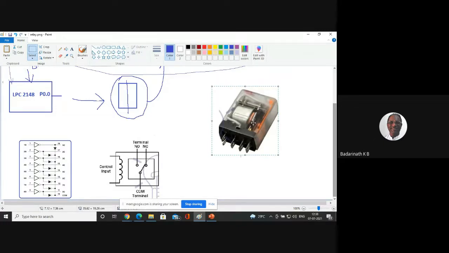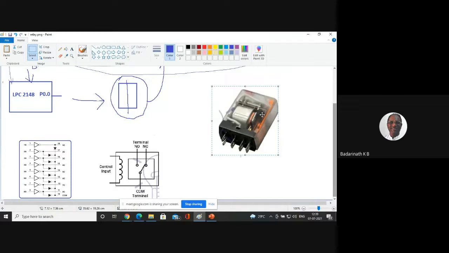In a lot of refrigerators or old systems, if you just watch them, whenever there is an operation you will hear a small sound, tuck, tuck. That means whenever there is a change in the temperature, a change in the mode, or the fan is switched on, you can hear this sound. So whenever you hear a sound in an embedded system controlling high power devices, just think that it's an electromechanical relay.